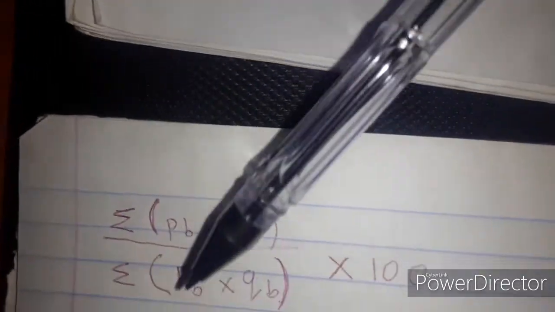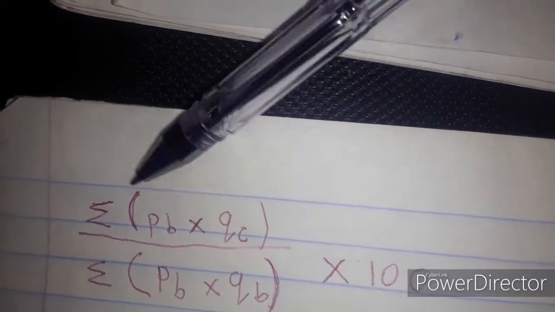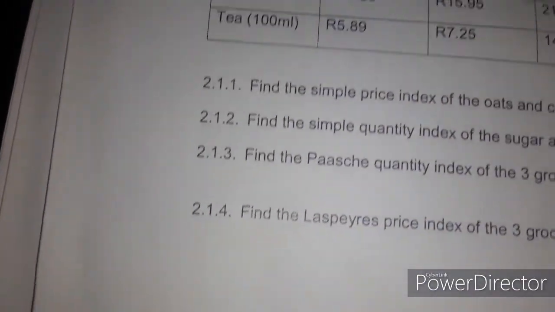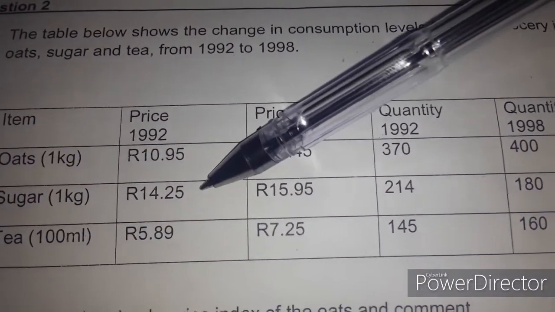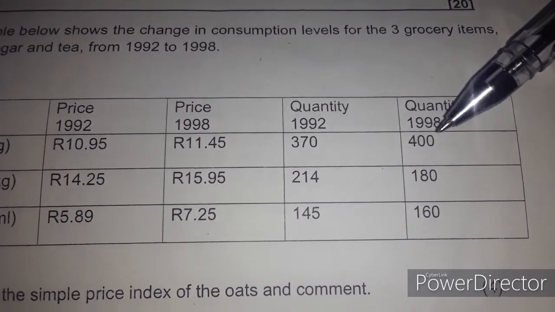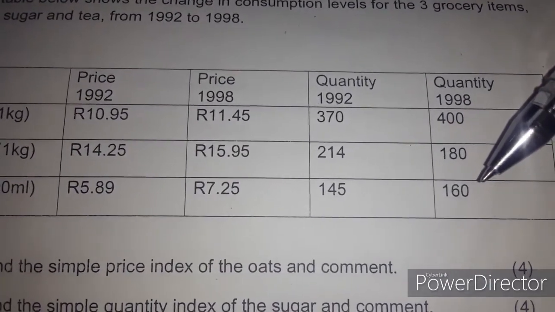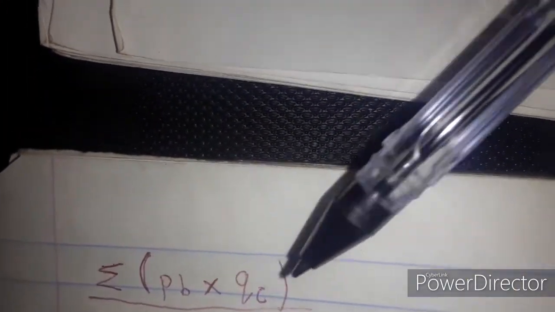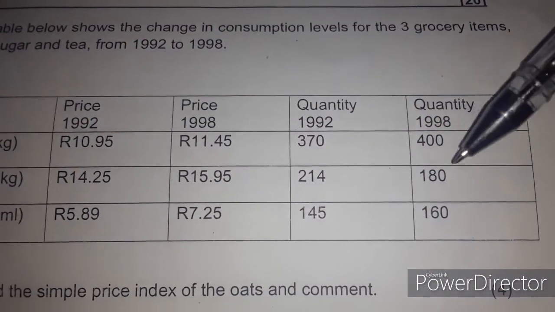So here the formula says P_B times Q_C, which is the base price times the current quantity. The current year is 1998. That's why we choose the quantity from 1998, because the formula says Q_C, the current quantity.